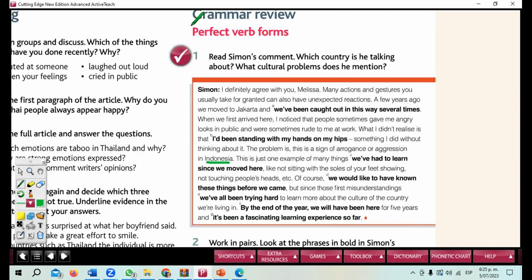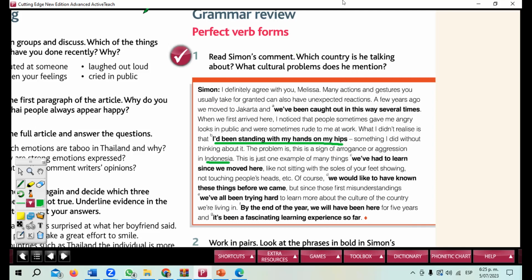In general, about behavior. Okay, but particularly we have some cultural issues or actions that are mentioned here. He had been sitting with his hands on his hips, yes, very good. This is one. What else?